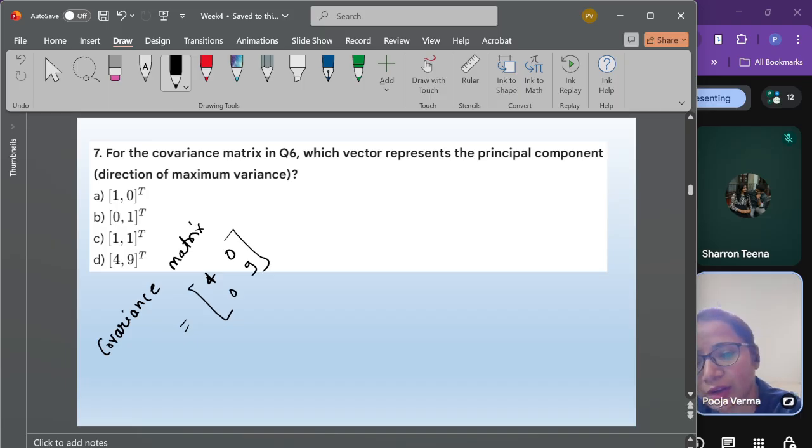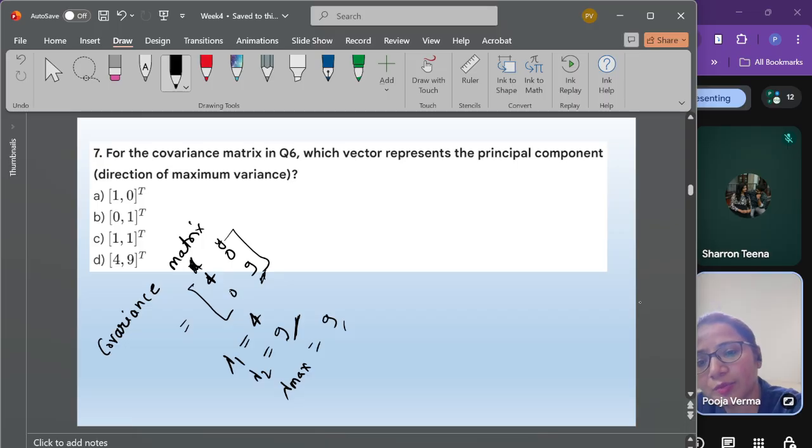So already we found the eigenvalues: lambda 1 is 4 and lambda 2 is 9, right? So here the largest eigenvalue is 9. We can say lambda maximum is the largest eigenvalue. The corresponding eigenvector for the diagonal entry 9 is related to the y position.